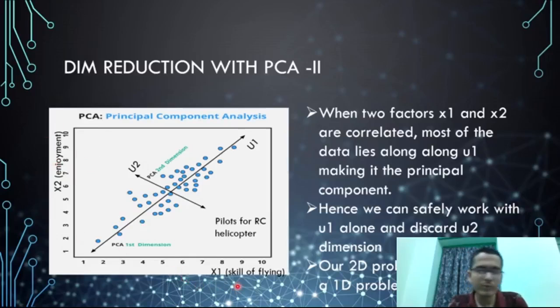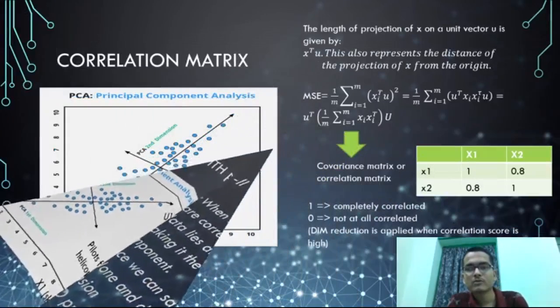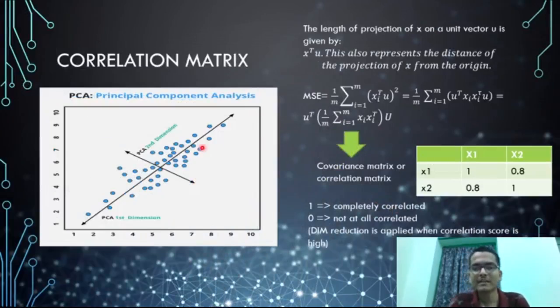If two features are correlated to each other, then we can plot the graph of them and find some vector to be neglected, along which the noise is very little. We can say the noise is very little along u2. So our 2D problem now becomes a 1D problem, and hence we have reduced one dimension in our dataset.